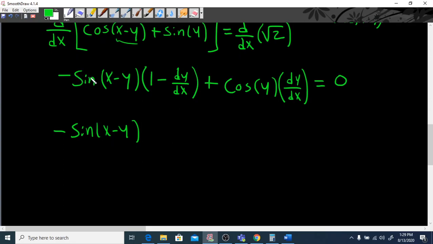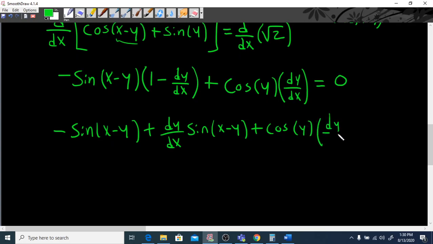Then we have this negative sign multiplied by the negative dy dx. Negative times a negative will be a plus. And then I'll write dy dx first, and then sine of x minus y. And then I'll go ahead and write this back down: cosine y, dy dx equals 0.